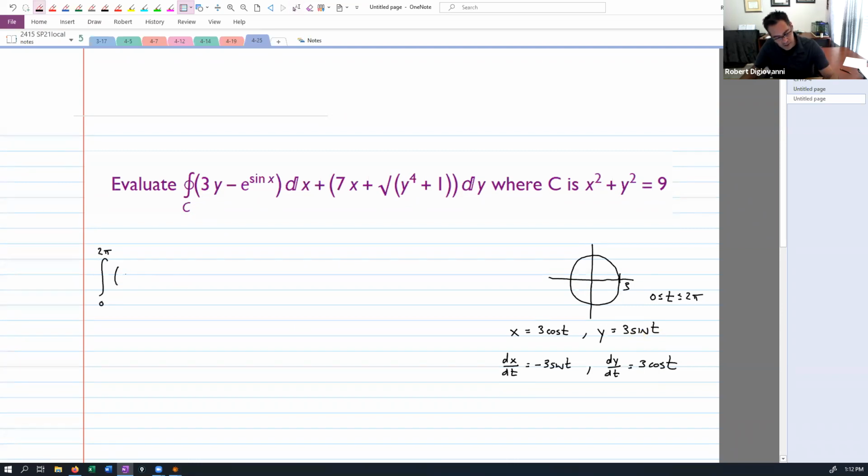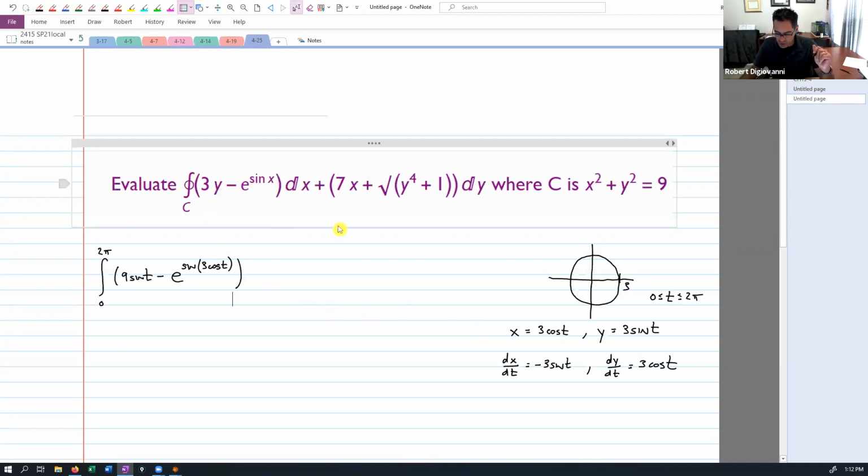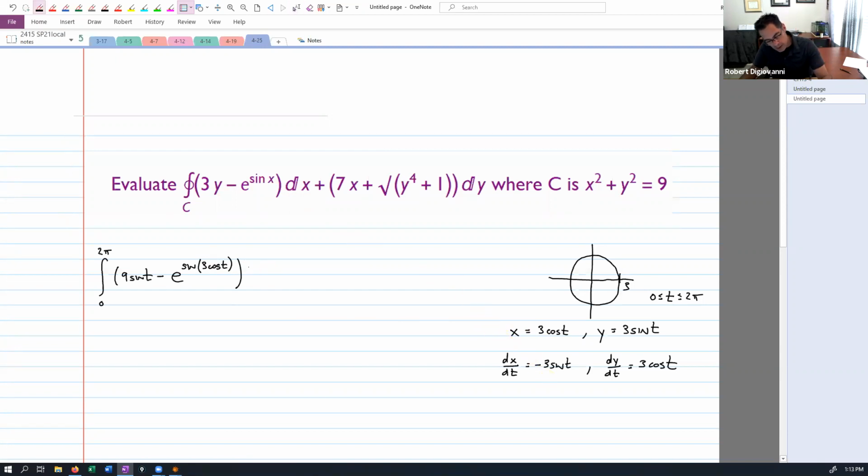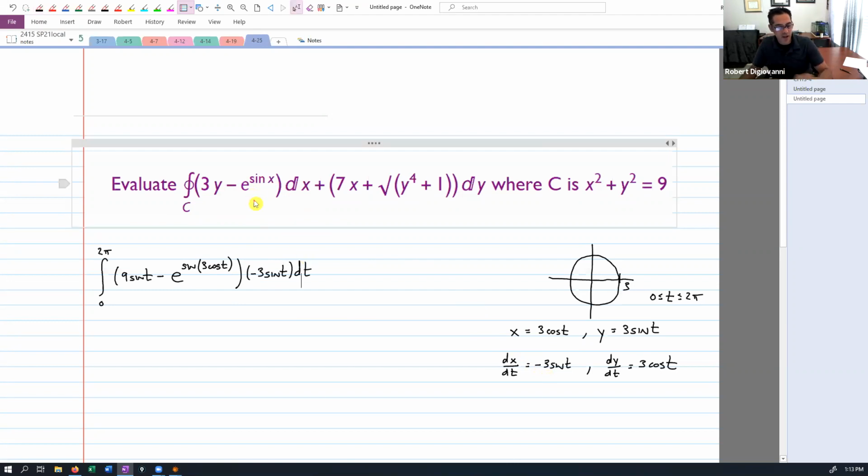So 3 times that is going to be 9 sine t minus e raised to the sine of x. So sine of x, but x is 3 cosine t. All of that times dx, which is negative 3 sine t dt. That takes care of this part. Now I have to do that part.